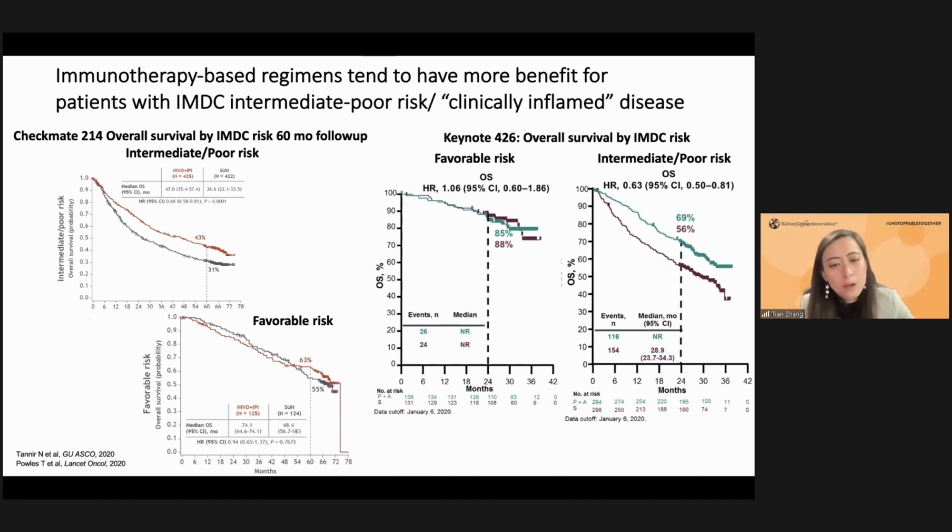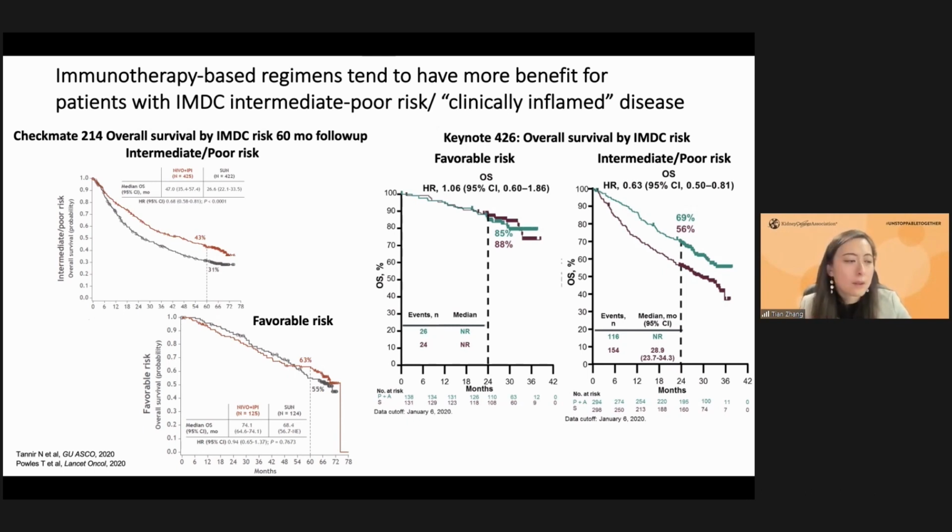There's a whole controversy in the field about how do we treat favorable risk disease optimally. You'll see that in some of these very long-term follow-up of the Checkmate 214 trial, these curves, if you will, are starting to overlap and cross over.